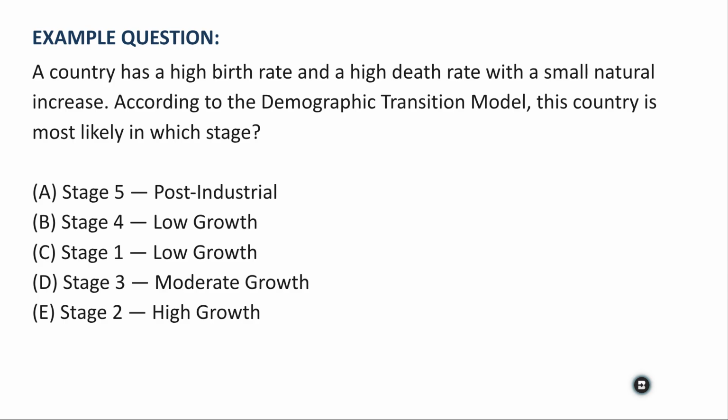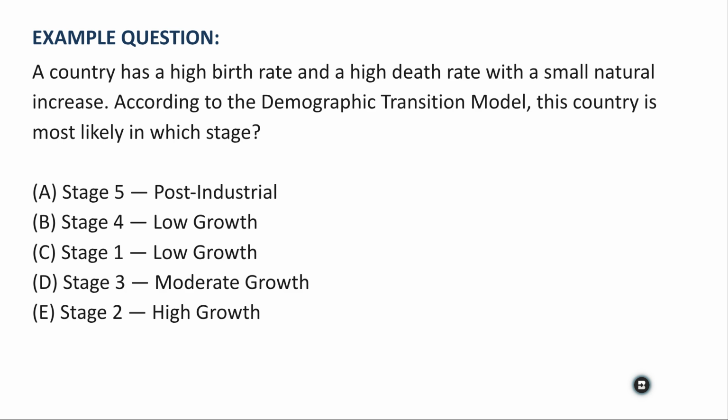this describes. First off, before we even look at any of the answer choices, we really need to think about what the demographic transition model stages look like. We know that they're unstable and all over the place in the beginning, and then they start to stabilize as we get into stages 2, 3, and 4. And then we see a huge decline in stage 5.